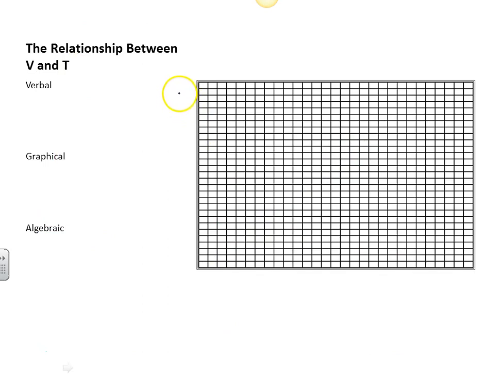Okay. The relationship between volume and temperature. If we were to produce a graph of volume and temperature, we would find that we would get a linear relationship. The verbal statement depends upon what temperature scale we're using. We're going to use Kelvin, and of course the lowest possible Kelvin temperature is 0.